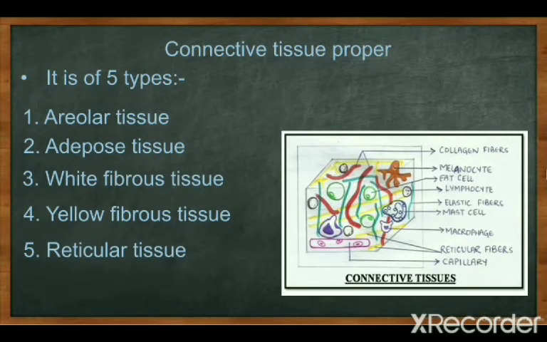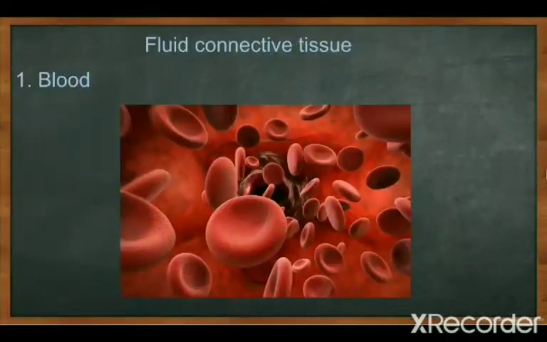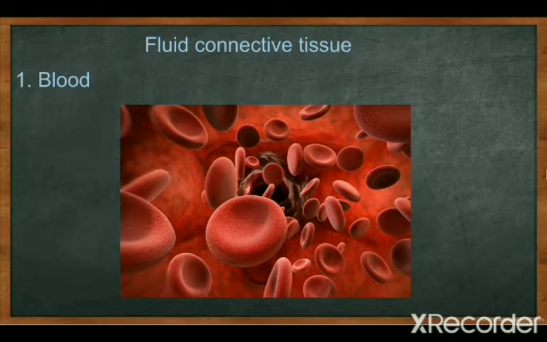Okay. Next one is fluid connective tissue. Before starting that, I told you fluid connective tissue is divided into two categories, that is blood and lymph. In your course, blood is in detail form. Fluid connective tissue is also called visceral or vascular connective tissue.